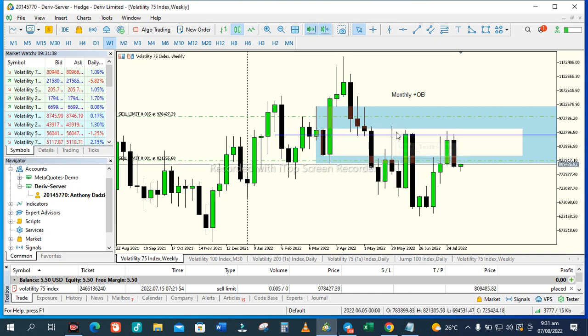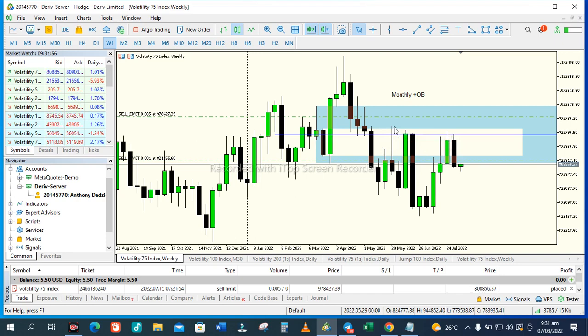So if you take note, you realize that price came to this zone and this one just went a little bit slightly. Usually it doesn't do this. Usually price doesn't penetrate above where the market makers begin to place their trades.